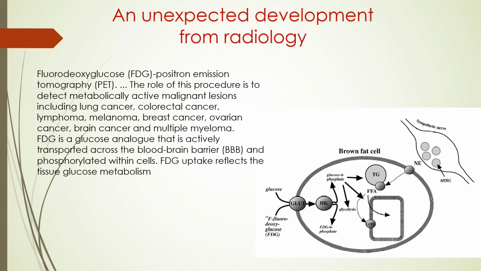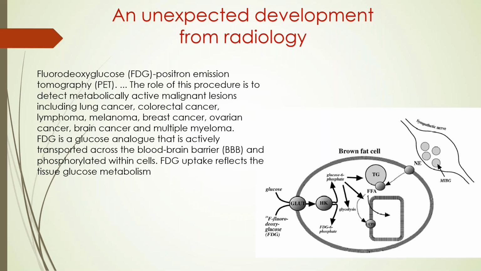It happened in a clinic where people were doing radiological detection of metastatic tumors. Tumors take up a lot of glucose. Cancer cells just suck in all the glucose available to them, and that helps their growth.